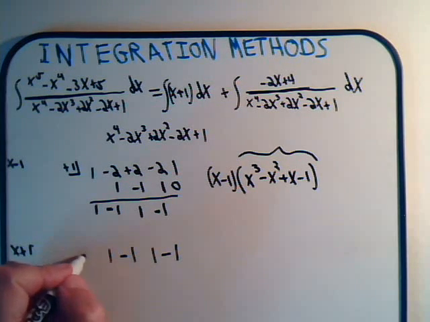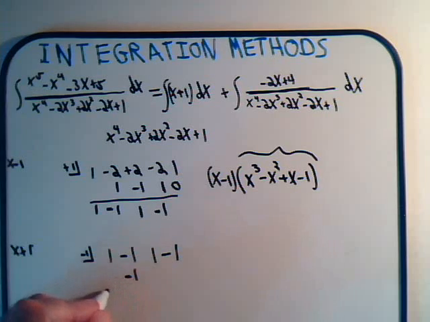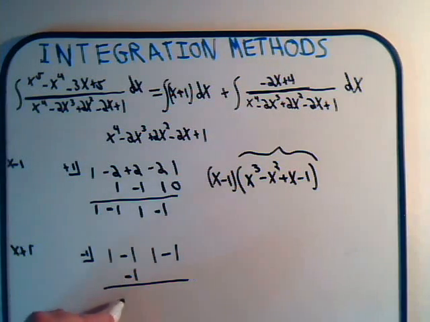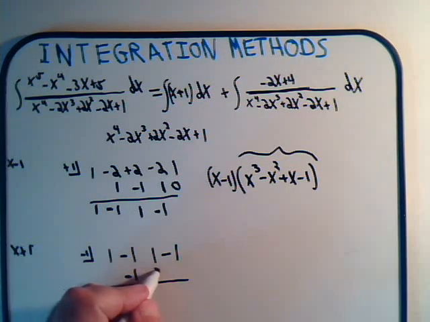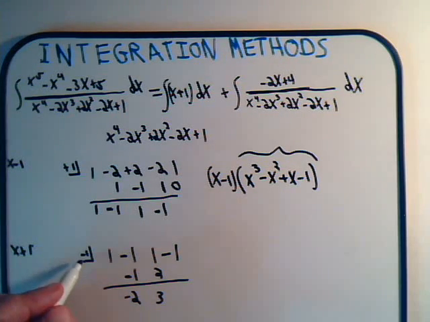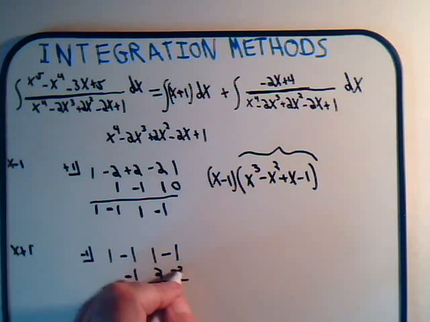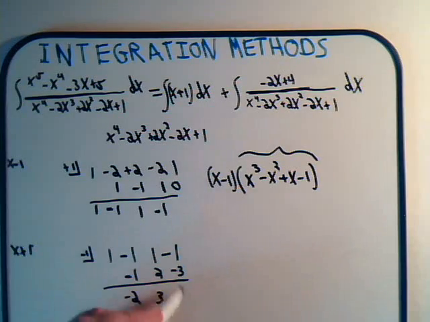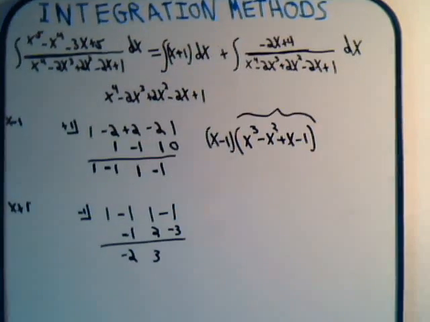So here we write down minus 1, and we write it down here, and then we add and multiply. This would be minus 2, times minus 1 is plus 2. This will be 3, times minus 1 is minus 3. That's not 0, so forget it.